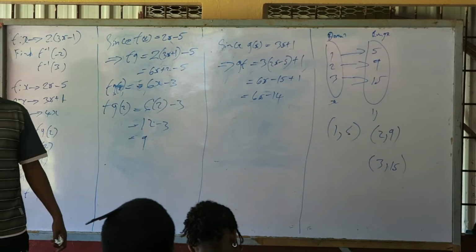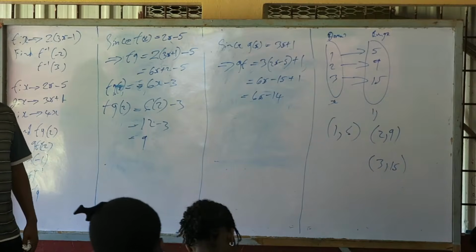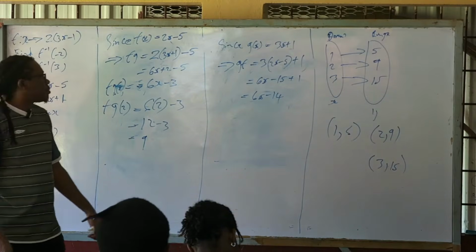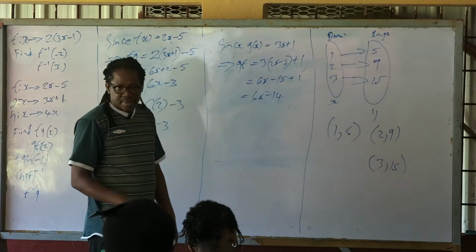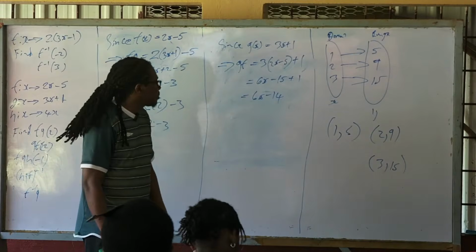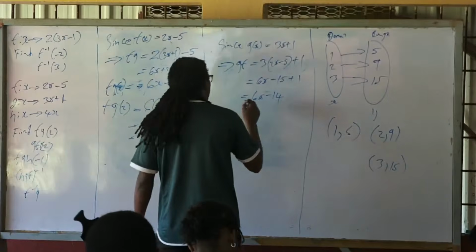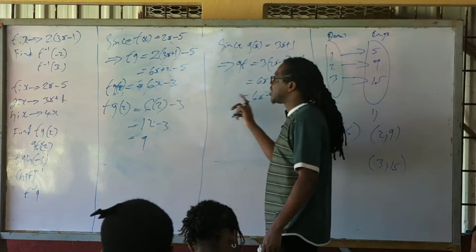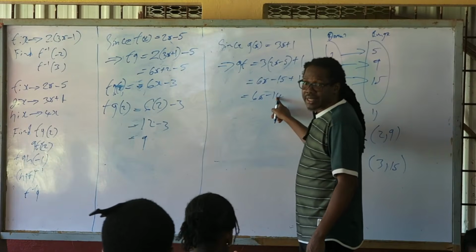Take the sign of the bigger one, then 15 minus 1. What's the sign of the bigger one? So 15 minus 1. See that? What do you want to find? G of f of 2. Now you realize that f of g is not the same as g of f? You realize that?